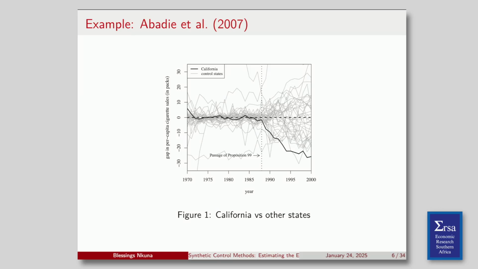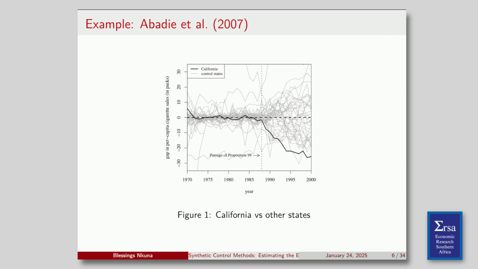So all of these gray lines are combined using specific weights that we'll not calculate ourselves, but through an optimization problem, to find the optimal weights that help us take the gray lines that meet the criteria that will help us compare that synthetic version to California, and then we can have a treatment.